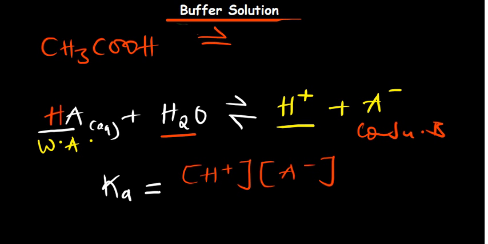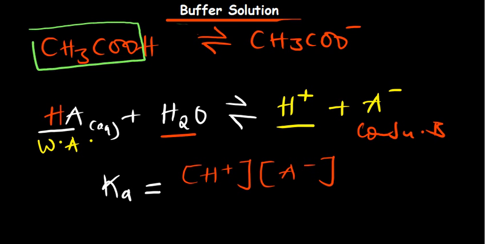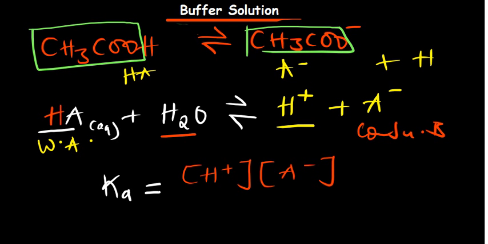After dissociating in water, the acid loses the H, so it becomes A minus, and the proton is also denoted.